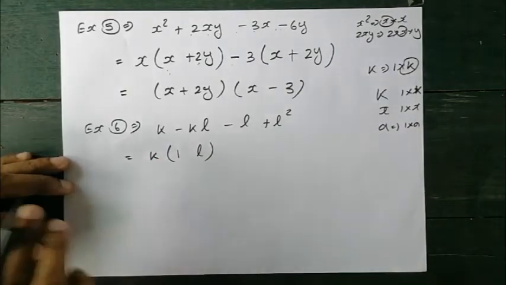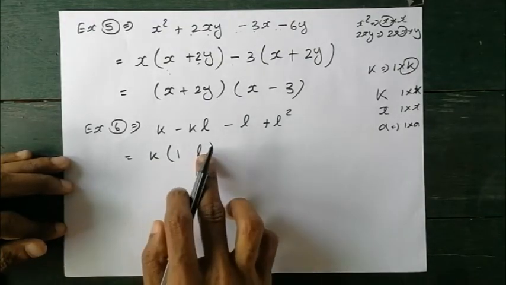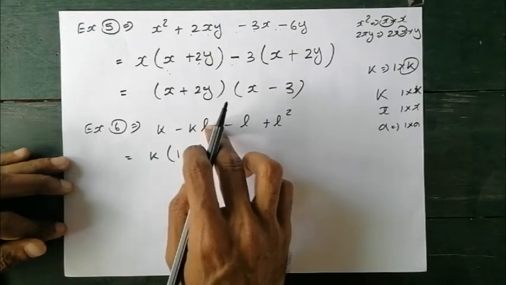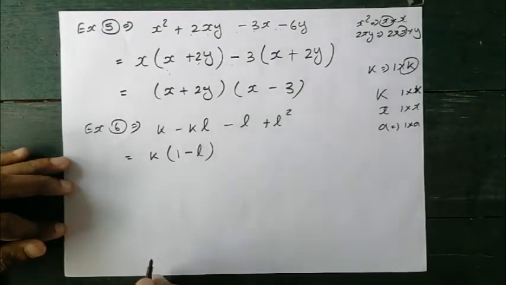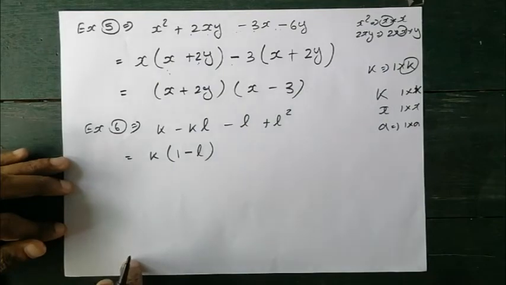What is the sign? By multiplying, k into minus l is minus kl.